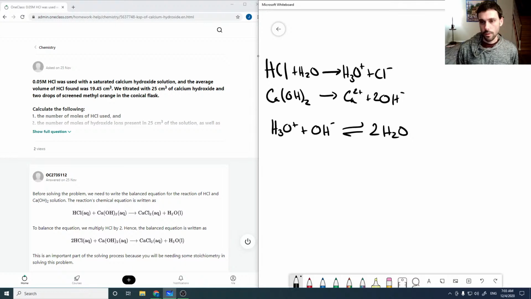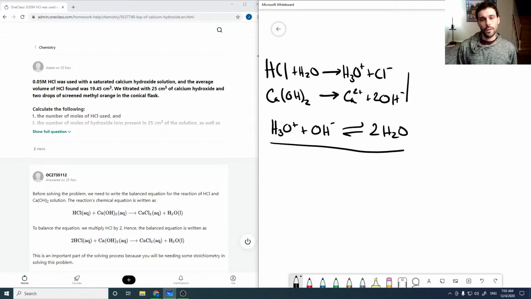Just because, again, these are complete dissociation products, and so as we can see, these exist in a 1-to-1 ratio here. And so this is what we'll use to solve our problem here, along with these two expressions.